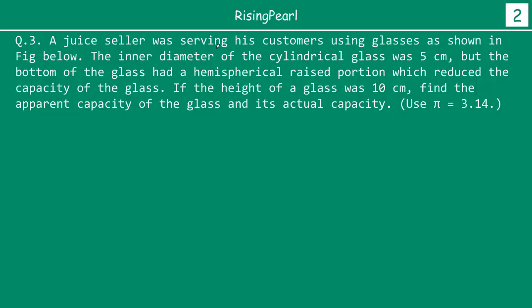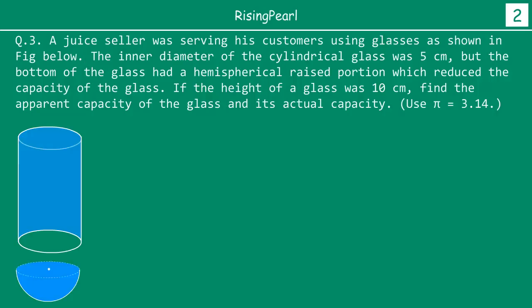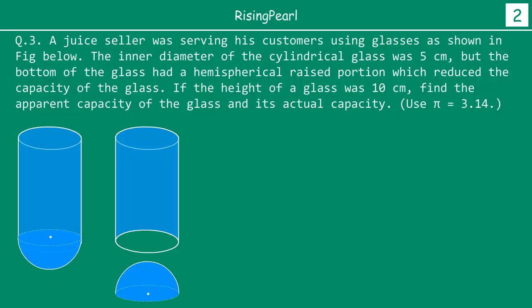A juice seller was serving his customers using glasses as shown in the figure below. Let's say we have two figures here. The inner diameter of the cylindrical glass was 5 centimeter, but the bottom of the glass had a hemispherical raised portion which reduced the capacity of the glass.